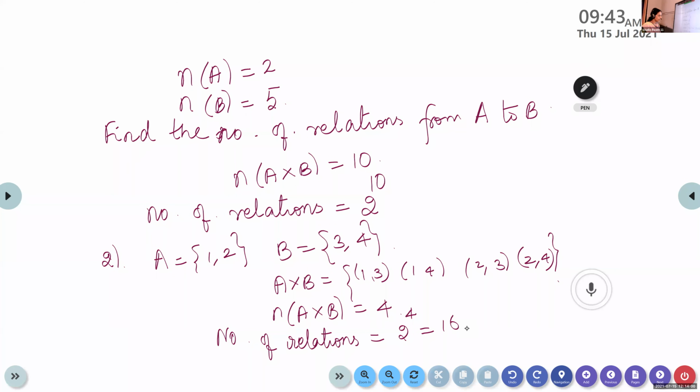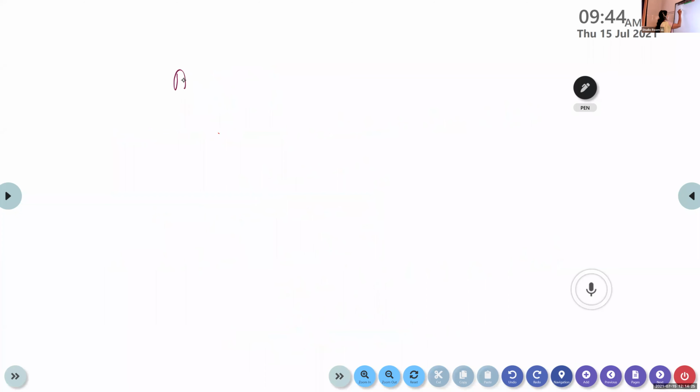Okay, let's do one more question. Once you complete this, you tell me, we can do the next one. Write the next one. Suppose A is equal to the set containing a, b and B is equal to the set containing 1, 2, 3.